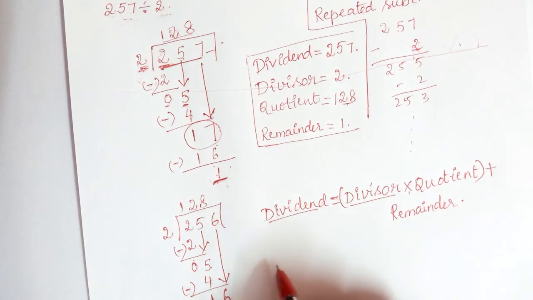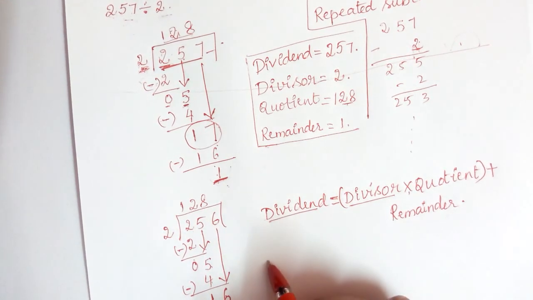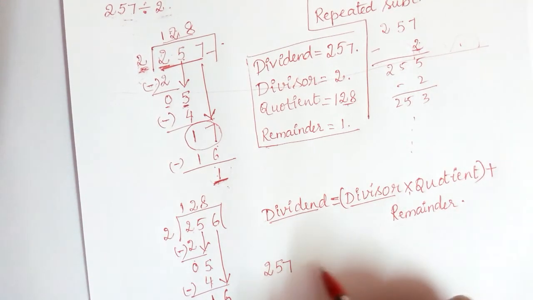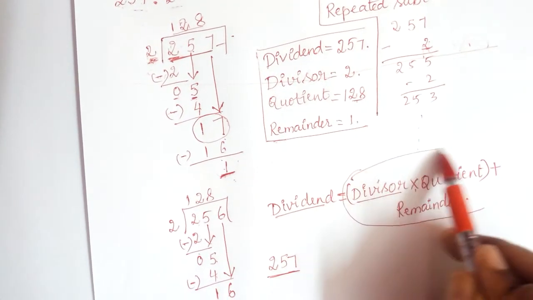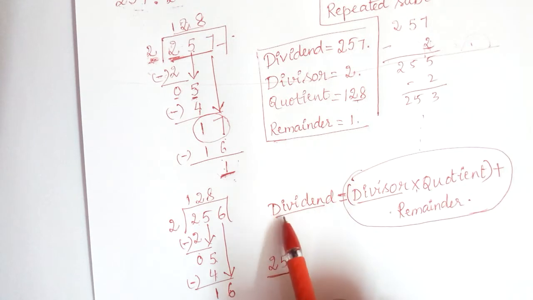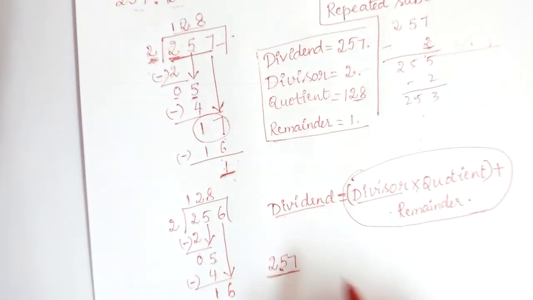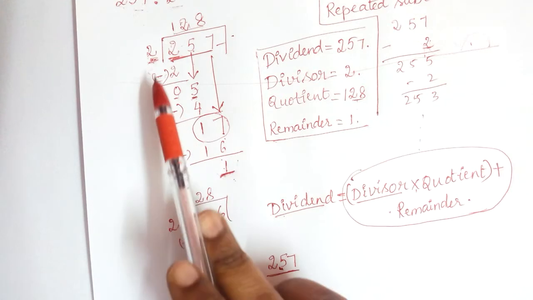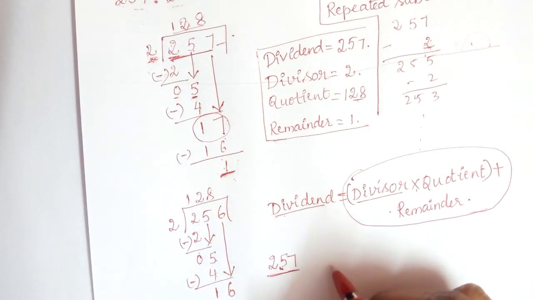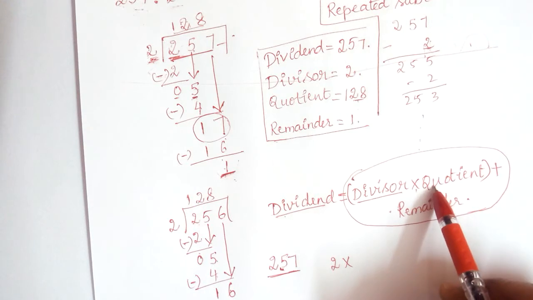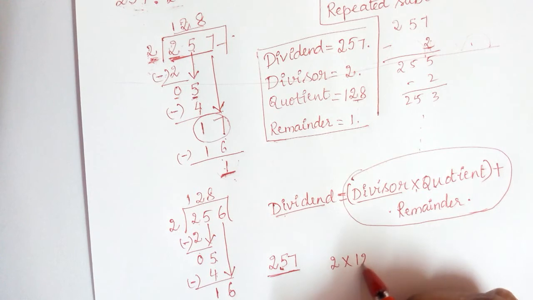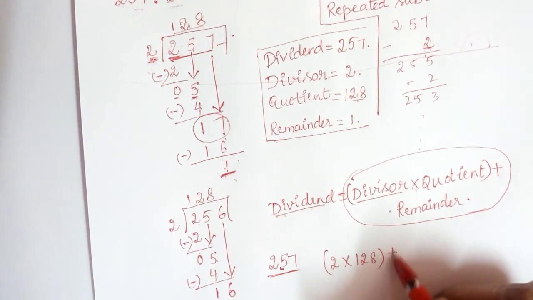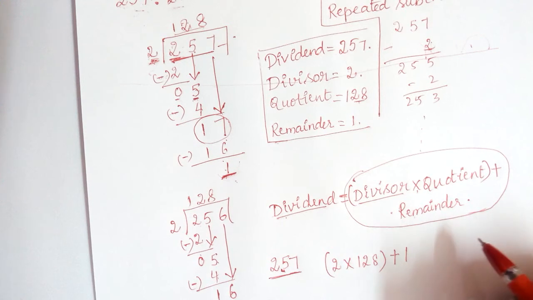So how much is our dividend? 257, right? So we should get this number. We'll do this part, and we should get this number, dividend. So divisor is 2. 2 into quotient, how much we got? 128. 128 plus remainder is 1.